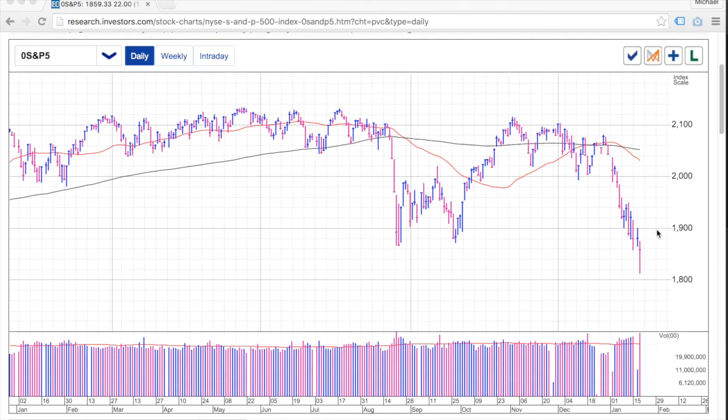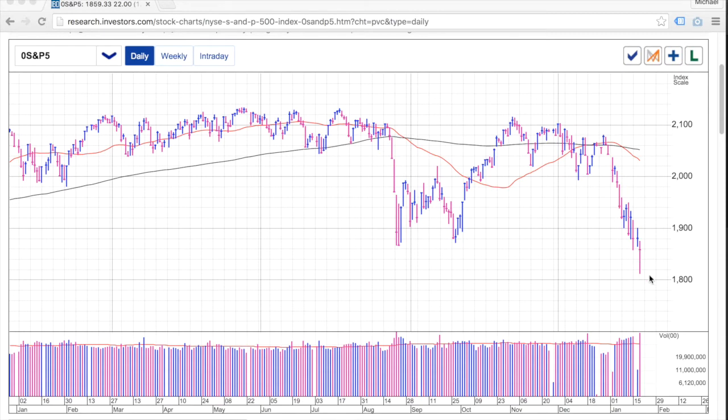So here you can see that this last trading day that's in red here, there's a long line and then there's a little bar right there. And so what this represents is the trading range that happened during the day. So this was the low for this S&P 500 for the day, and this is the high. And then where the bar is, where it closed for the day.